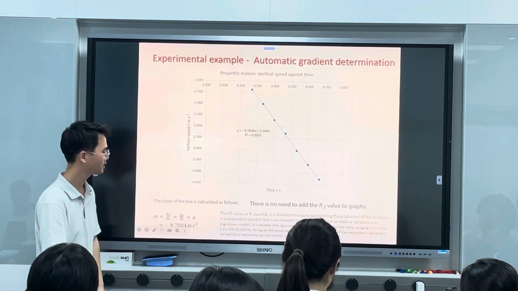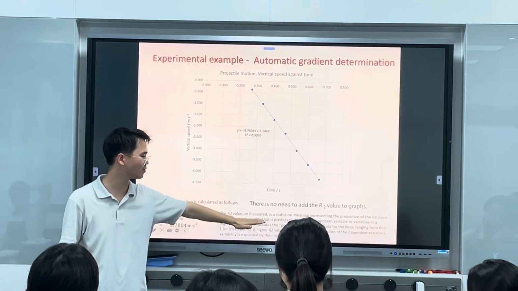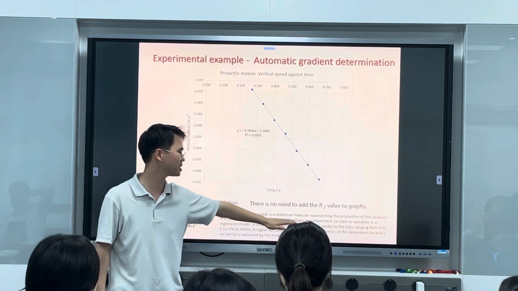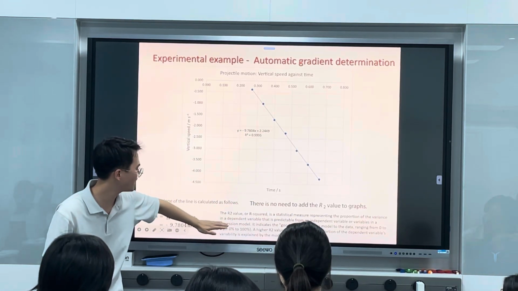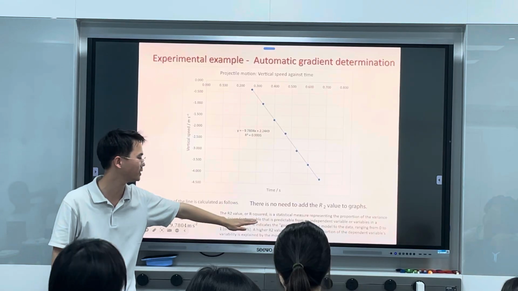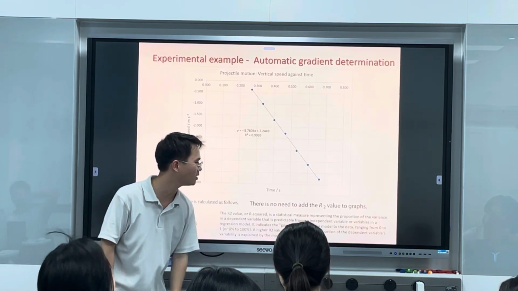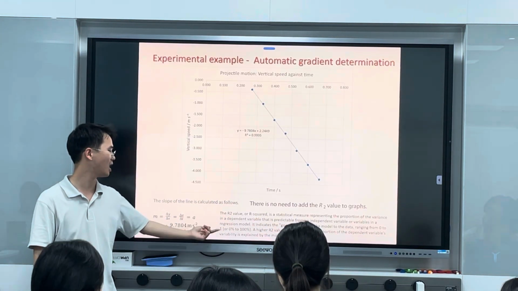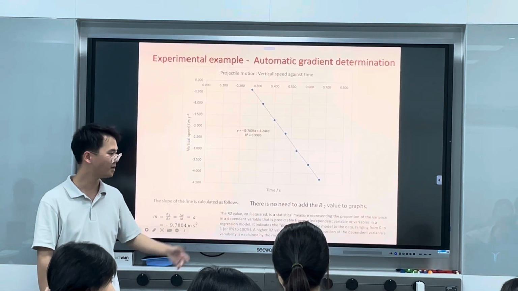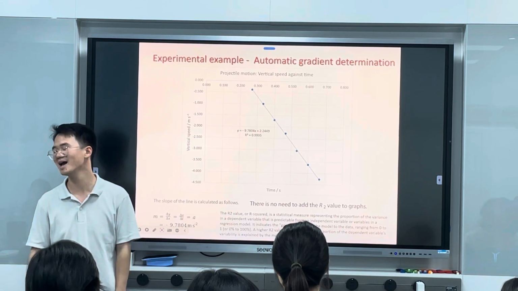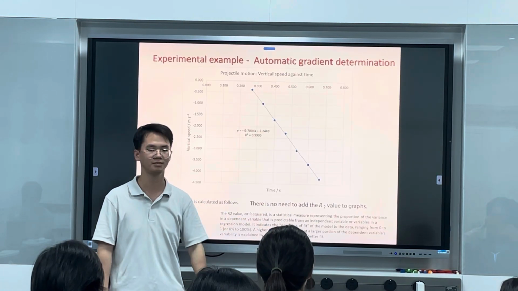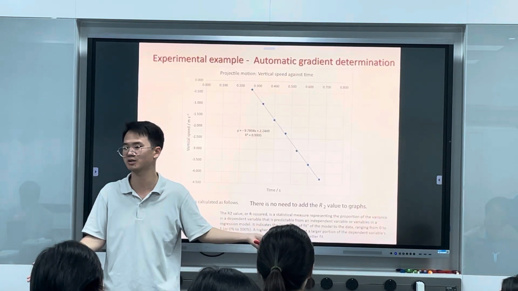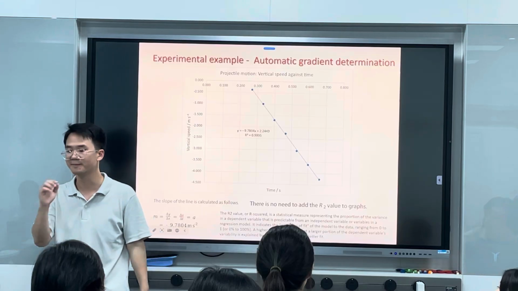So here, the R squared is a statistical measure representing the proportion of the variance in a dependent variable that is predictable from an independent variable in a regression model. However, maybe your math IA requires it, but we don't need you to add the R2 value. But if you add it, it's also fine. We just don't care. Okay?